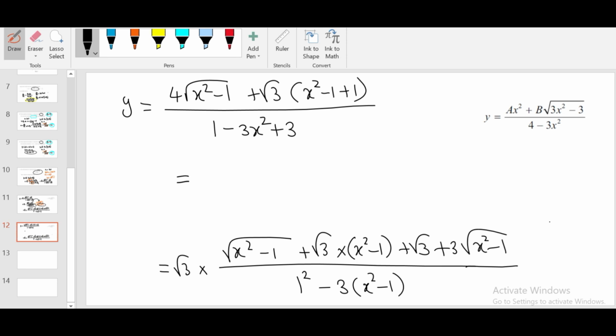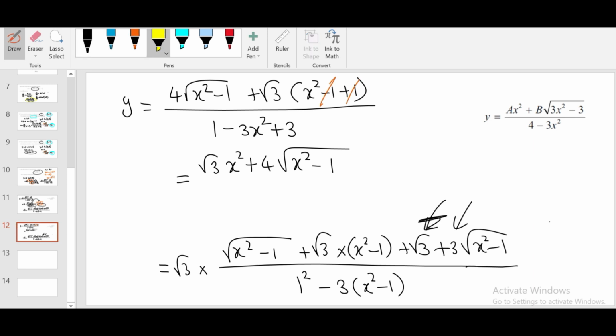Here you can cancel this, you'll get root 3 x square plus 4 square root of x square minus 1. Okay, I noticed something when I reached this step. We totally forgot about this root 3 actually. There is a root 3 here. Okay, never mind. I'm going to put the root 3 here, divided by 4 minus 3x square.